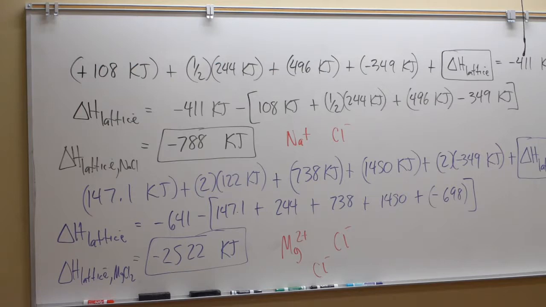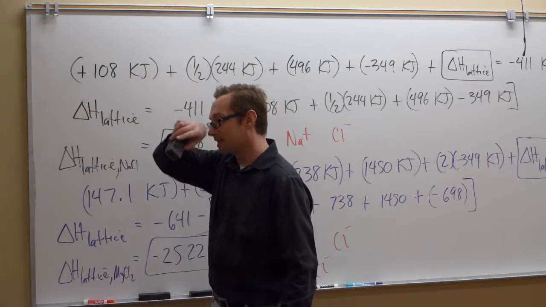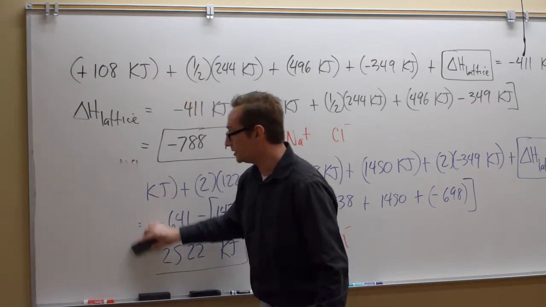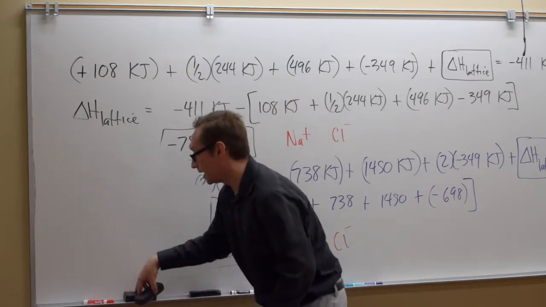Okay, so now, what if they ask you, what are all the steps to this process? Write every step involved in the formation of LiF. I'll leave the example for magnesium up here. This is not asking you to calculate anything, it's just asking you to write the steps.